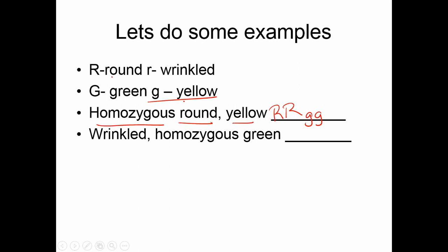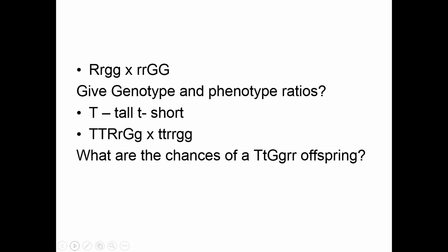And then I have a wrinkled. The only way to get wrinkled is to have two of those. And a homozygous green. So that would be like this. If they'd said heterozygous, it would be big G, little g. So there's my answer.